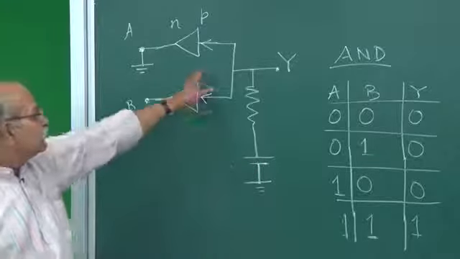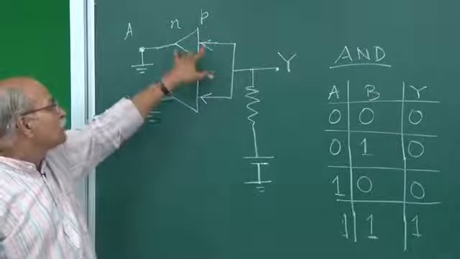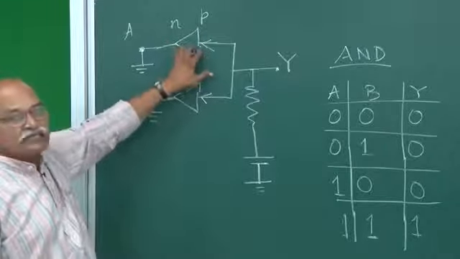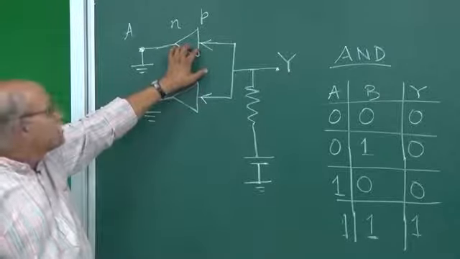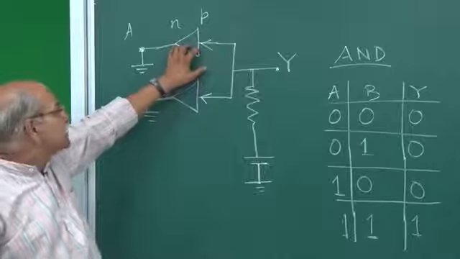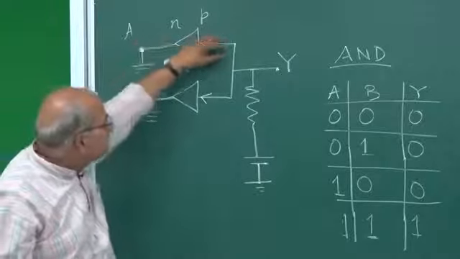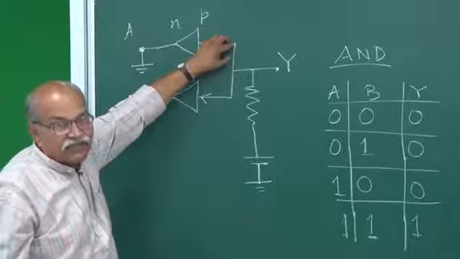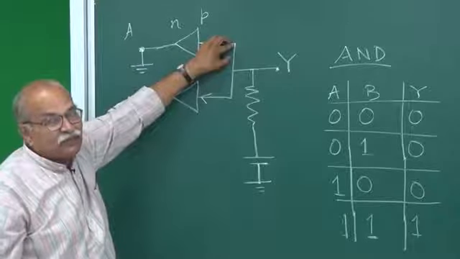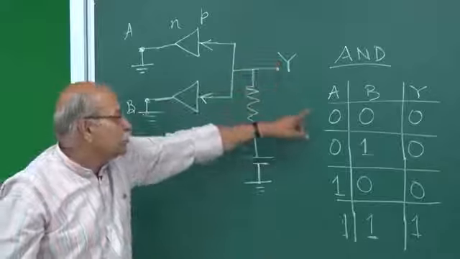And since the current is going, it is forward biased, the drop on this PN junction is very small, 0.2 volts, 0.3 volts, 0.5 volts, not more than that, 0.6 volts maximum. So if this is 0, this will only be a small voltage here, and for digital operations that is same as 0, low. So this is low voltage, and therefore Y is 0.